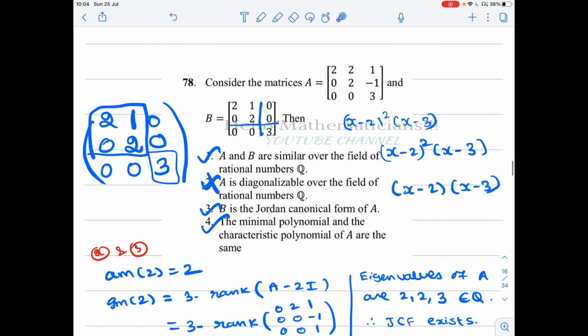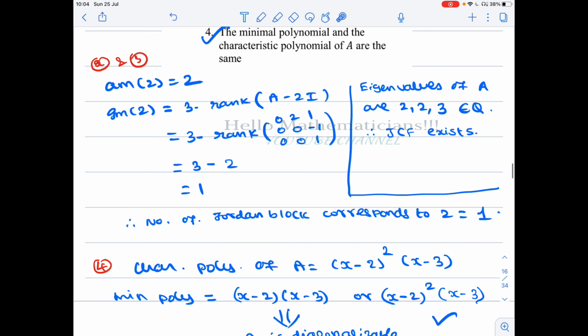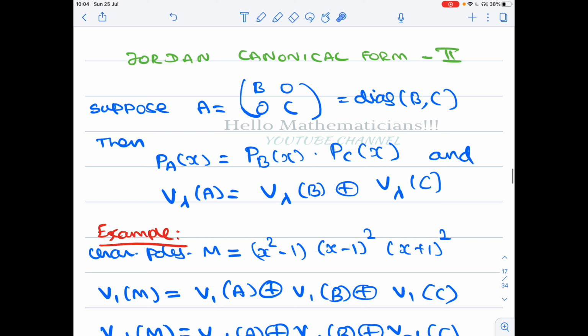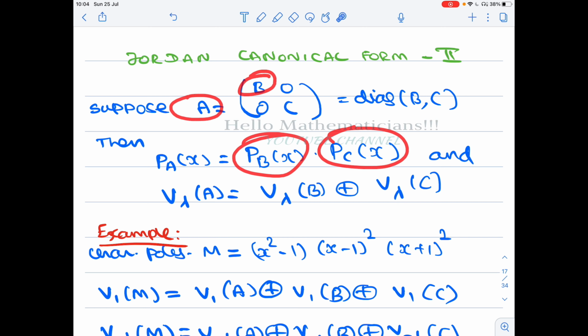This is our first result for the day. Suppose A is a block matrix whose only nonzero blocks are the diagonal blocks B and C, with zero blocks elsewhere. Then the characteristic polynomial of this matrix is equal to the product of the characteristic polynomials of B and C. We saw this yesterday also.